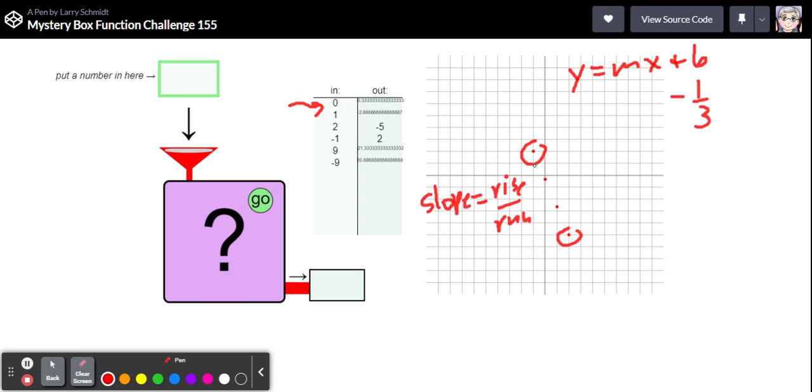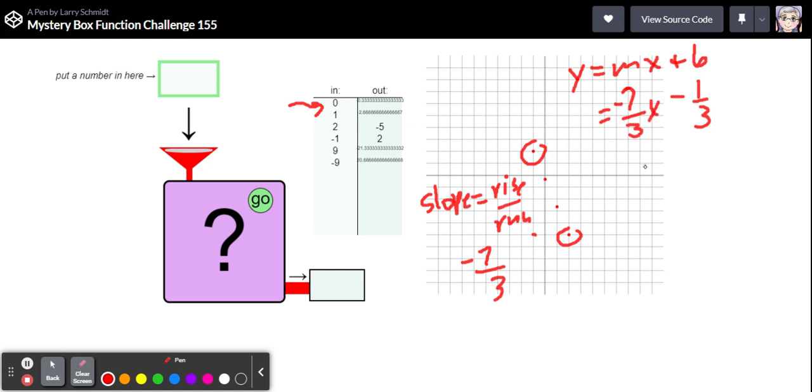And let's just count that value. 1, 2, 3, 4, 5, 6, 7 to get on the same line with that point. So I think our rise is negative 7. And then the run is 1, 2, 3. Does that line up? Yep. So 3 over. So that should be our slope. And our equation is going to be negative 7/3 times x minus 1/3.